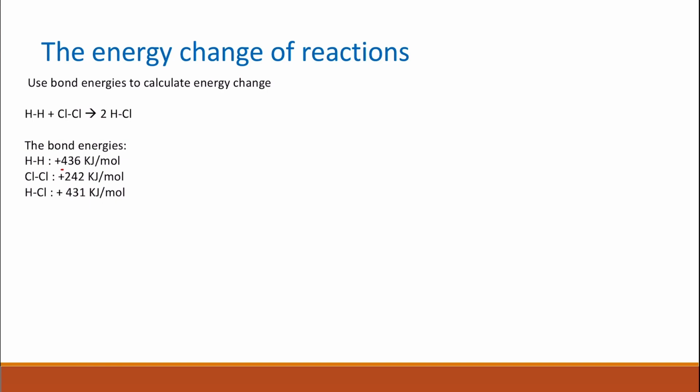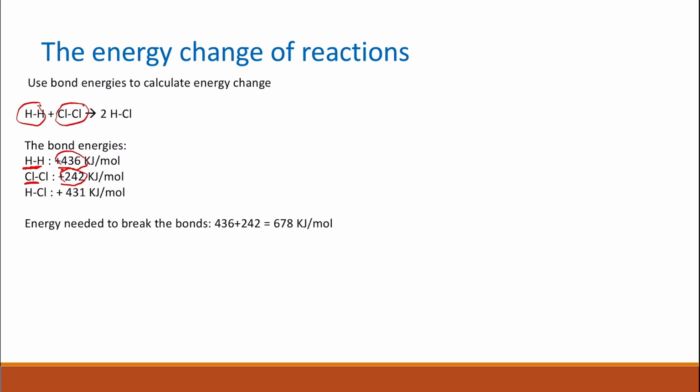Now we need to calculate the amount of energy that is used to break all the bonds and the amount of energy that was released when all the bonds were formed. First, the energy needed to break the bonds equals the energy needed to break the bond between the two hydrogens and the bond between the two chlorines. The bond energy for hydrogen is 436 and for chlorine is 242.